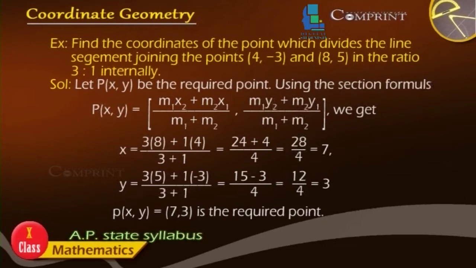We get x is equal to 3 into 8 plus 1 into 4 by 3 plus 1, which is equal to 24 plus 4 by 4, which is equal to 28 by 4, which is equal to 7. y is equal to 3 into 5 plus 1 into minus 3 by 3 plus 1, which is equal to 15 minus 3 by 4, which is equal to 12 by 4, which is equal to 3. P (x, y) is equal to (7, 3) is the required point.